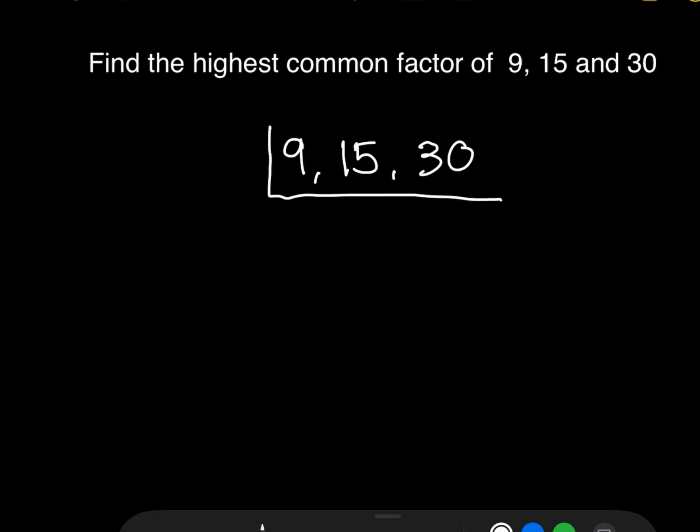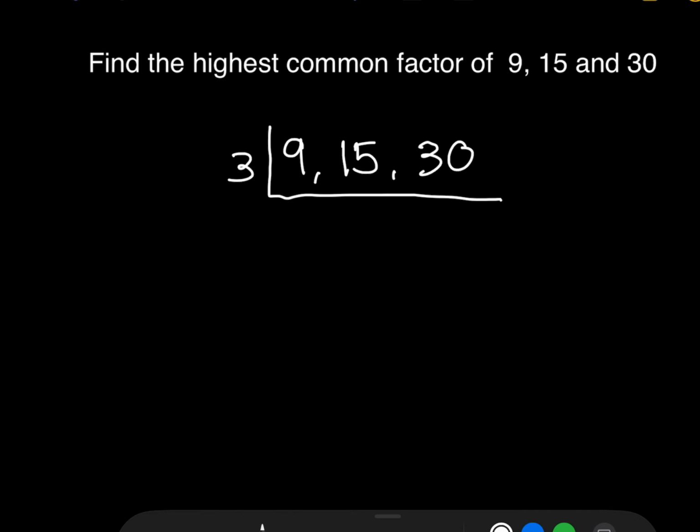division process. As you can see here, 9, 15, and 30 are divisible by 3. As I've told you, divisibility is very important. If you don't forget it, it's very helpful.